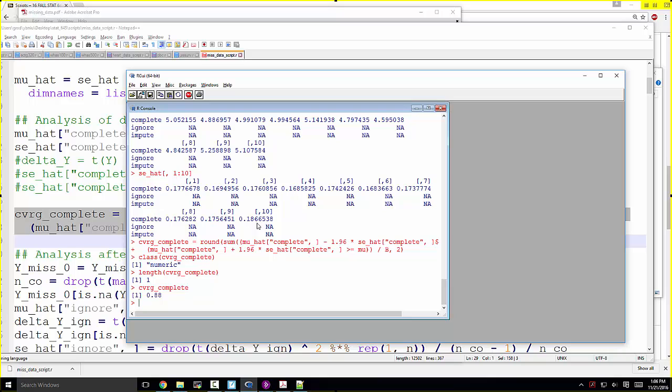We had 1,000 simulations. For each simulation, we estimated the mean, estimated the standard deviation, put them together in a 95% confidence interval, and then we asked what proportion of those 1,000 intervals contained the true mean.